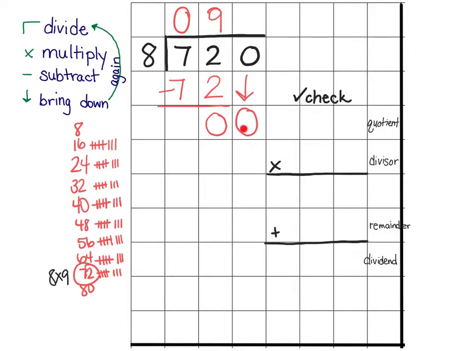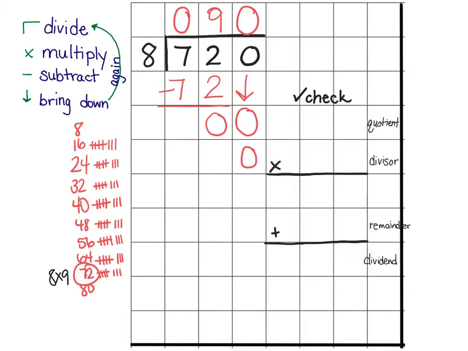So we need to take 0 divided by 8. 0 divided by any number is always 0. So 0 goes up at the top. Then we're going to multiply since we divided 0 divided by 8. Now let's multiply. 0 times 8 is 0.